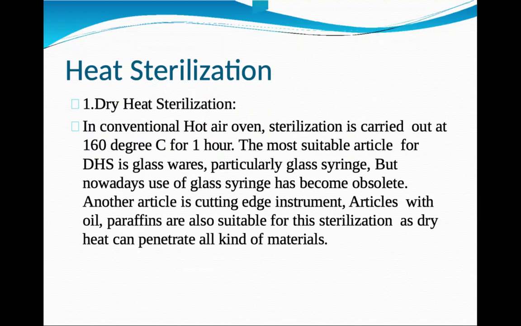Mostly a hot air oven is used, carried out at a temperature of 160 degrees Celsius. In the hot air oven, glassware, glass syringes, and nowadays, mostly you use disposable syringes, cutting-edge syringes, needles, and items with oil or paraffin have to be sterilized under dry heat sterilization.